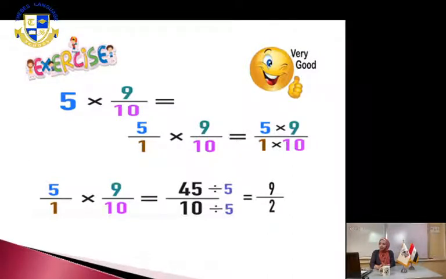We have here 5 and 10. The two numbers are divisible by 5. Yes or no? Of course. 5 and 10 are in the times table of 5. 5 divided by 5 will be 1, and 10 divided by 5 will be 2. Then the answer will be 1 times 9 equals 9, and 1 times 10 equals 10.